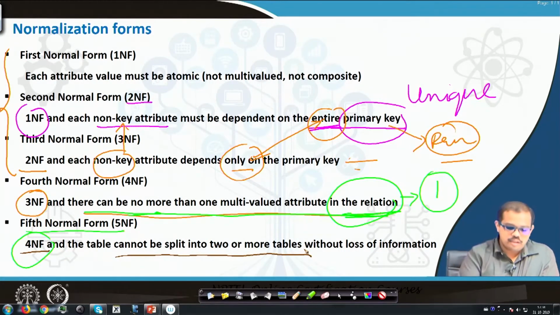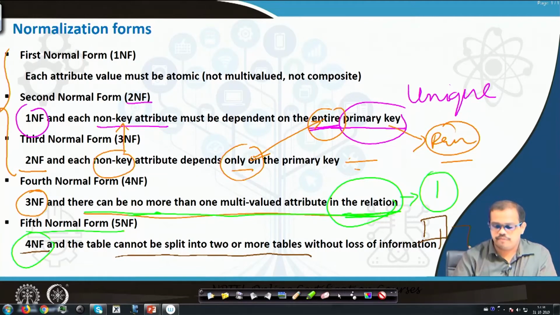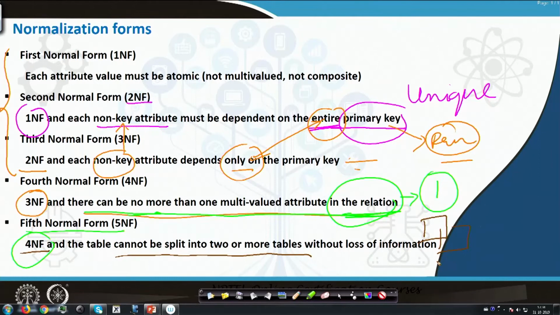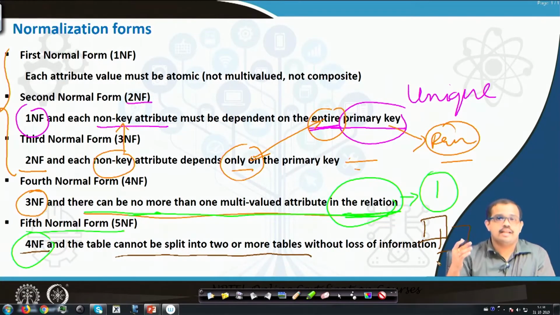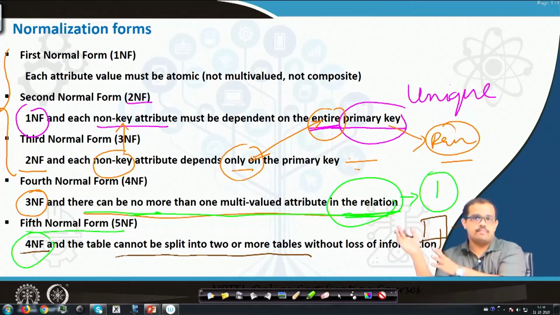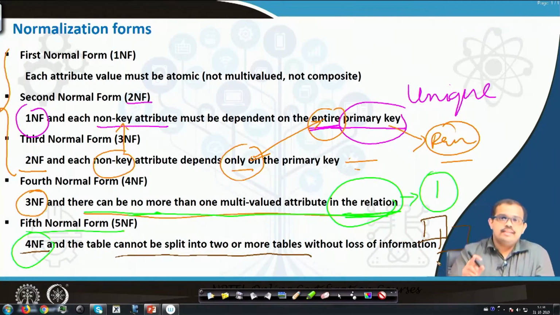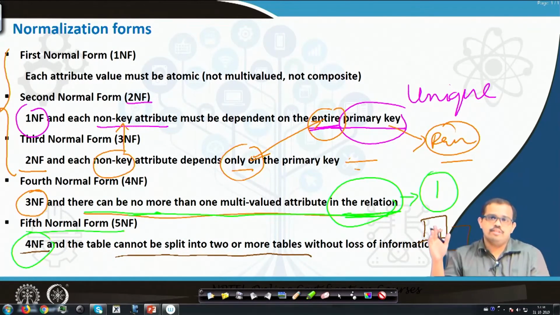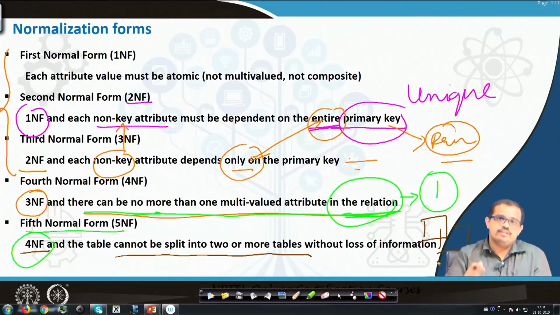After fourth normal form, if there are more than one multi-valued attributes, you can multiply into a number of tables, but that multiplication into tables will lead to certain loss of information in the fifth normal form.